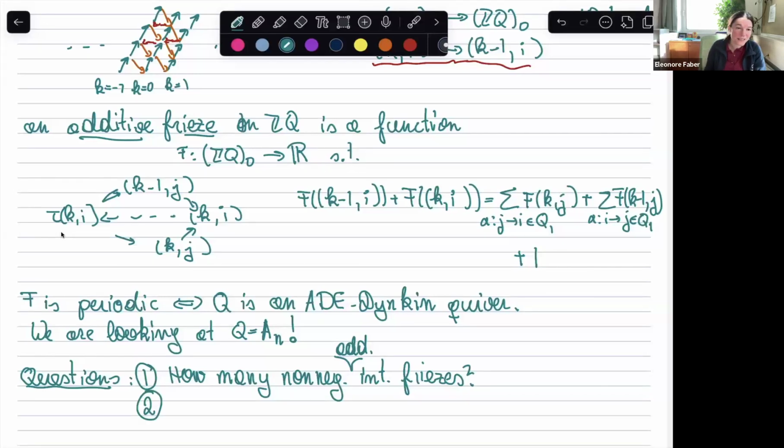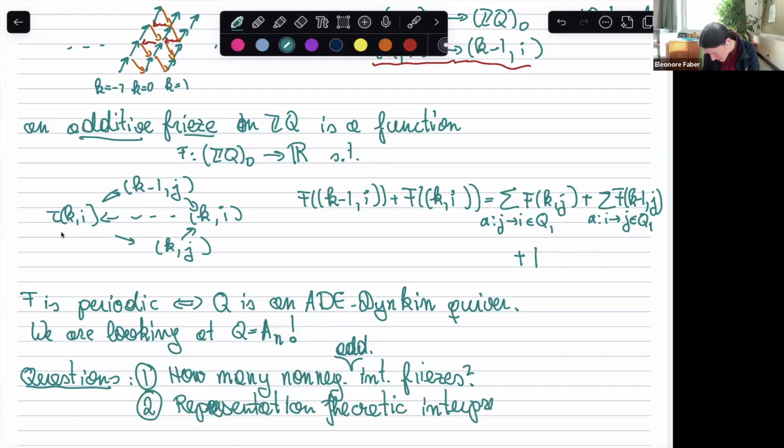And the second one is, can we find a representation theoretic interpretation? This probably requires some explanation.